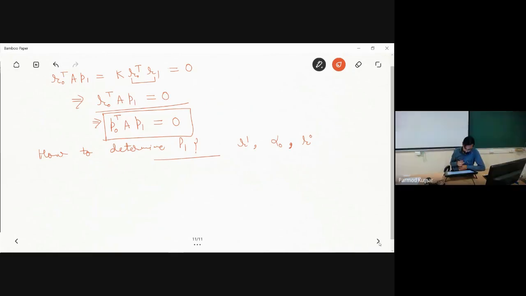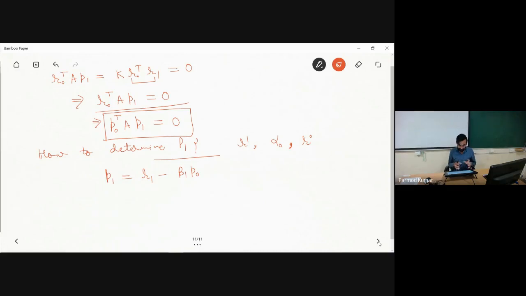Yes, sir. So what we can do is take some linear approximation where we say that our P1 is nothing but equal to R1 minus beta 1 times P0.